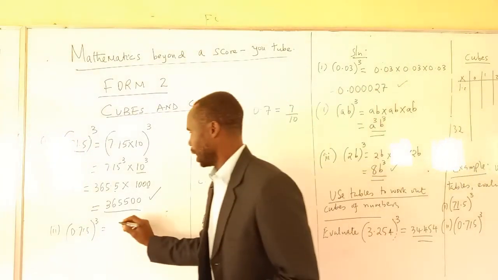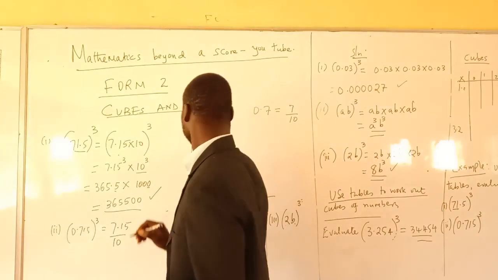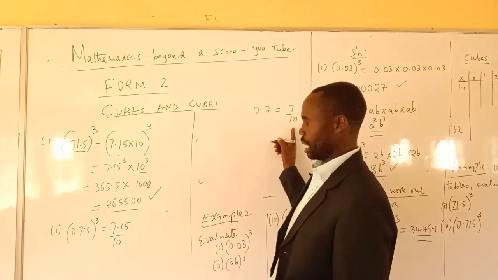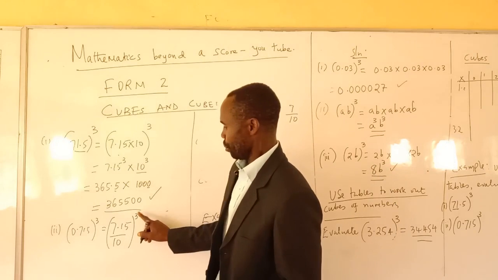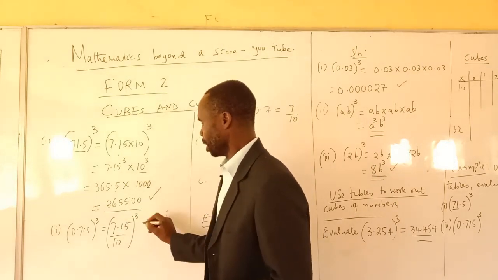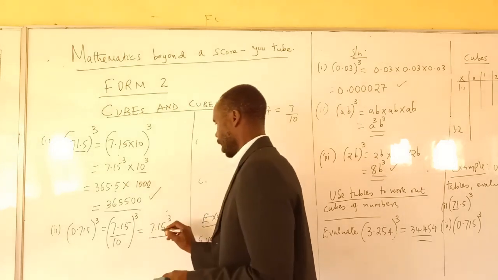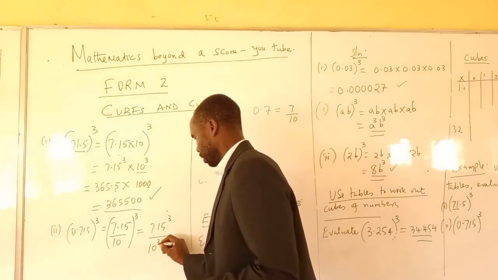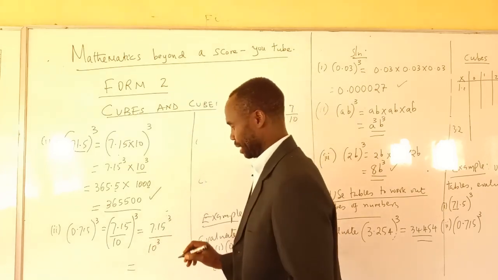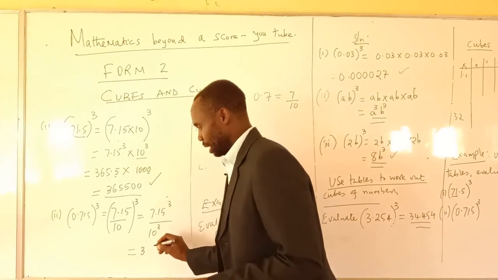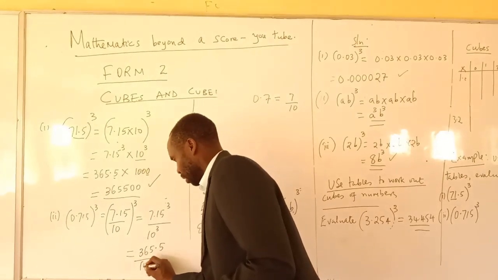So this one here is 7.15 divided by 10. Then you cube it. So when you cube here, you will cube here. You will cube the numerator, and the numerator is 7.15 cubed over, you cube the other one, 10 cubed. So the answer to the numerator is 365.5, then divided by 1,000.